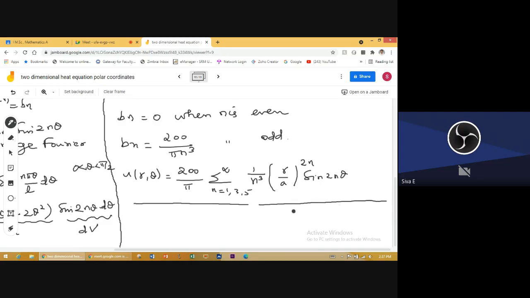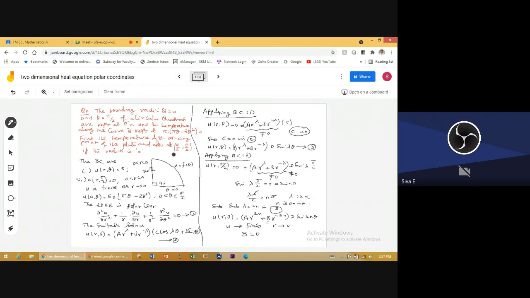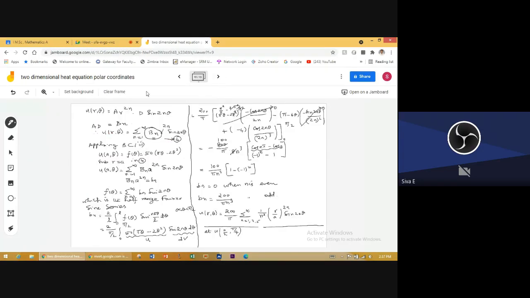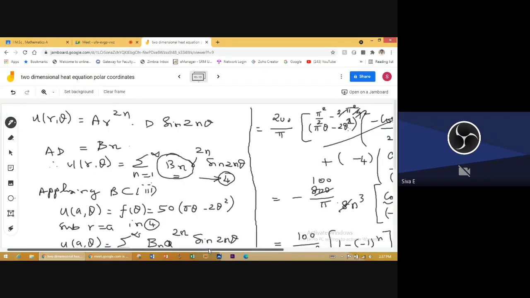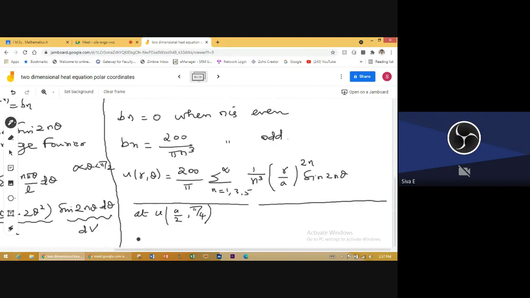And one more question is there. At the point u of a by 2 comma pi by 4, what is the point here? At the point a by 2 comma pi by 4, what is the solution?